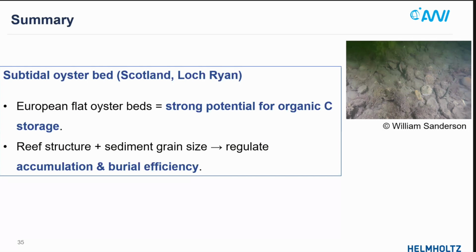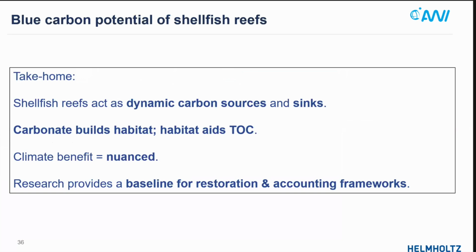So for the take home message, we see that shellfish reefs are process engineers. Carbonate builds the scaffolding, then filtration and biodeposition processes load the bed with organic carbon, whereas hydrodynamics and the texture of sediment decide the retention of this carbon.